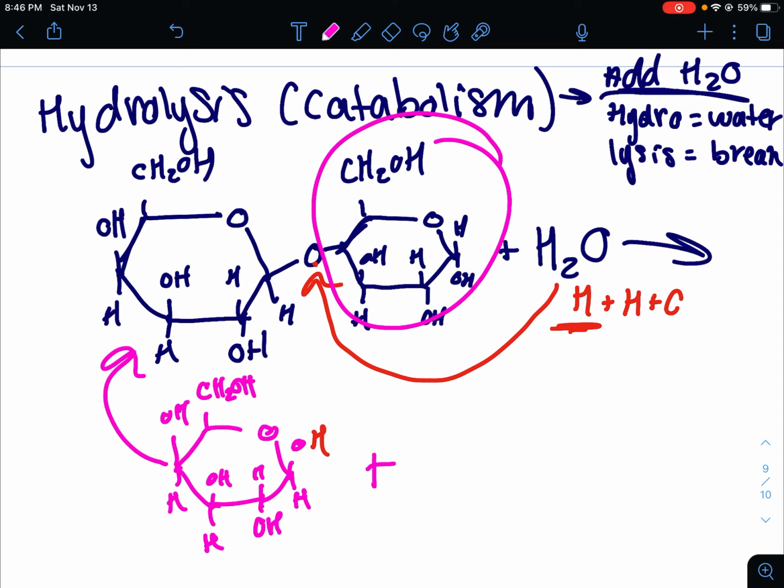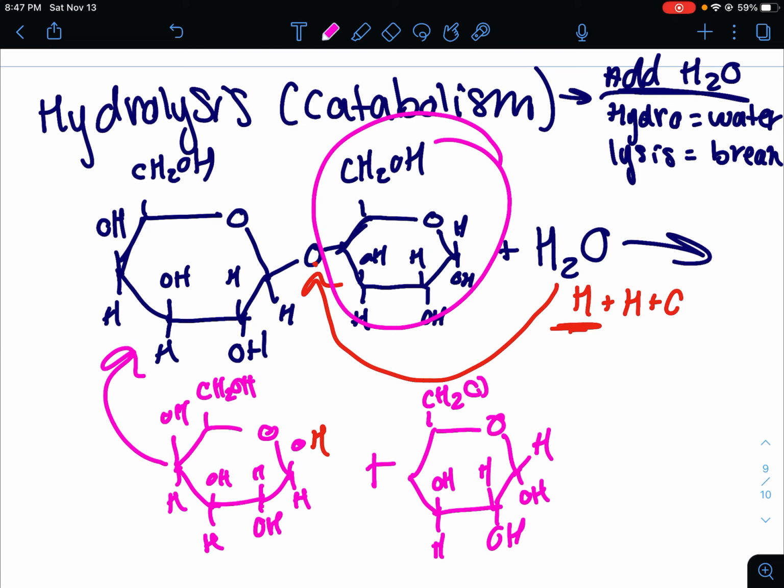And then you have your other one right there. Ends up being like this. And this H and this O end up adding themselves to this molecule.